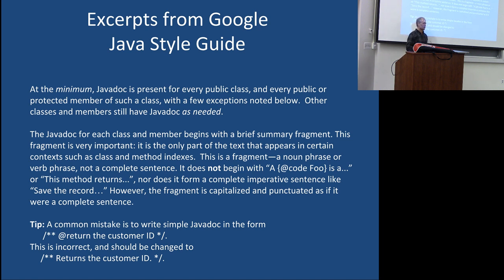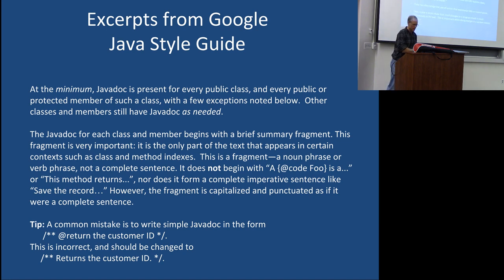Your comment says something like, let's say it's a method, returns the square root. That's not a sentence. You don't say this method returns the square root, or computes the square root. What they want you to say is returns the square root, and then add more. So they're picky.